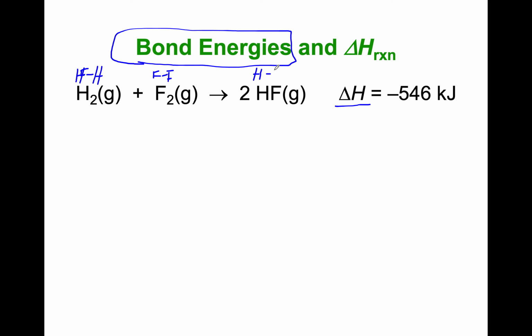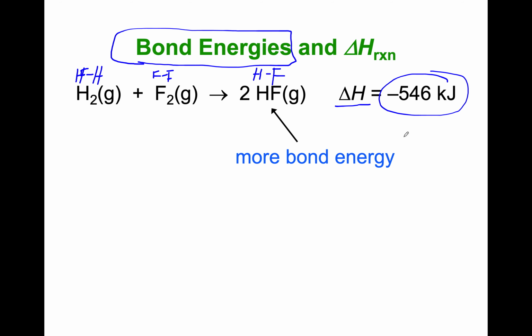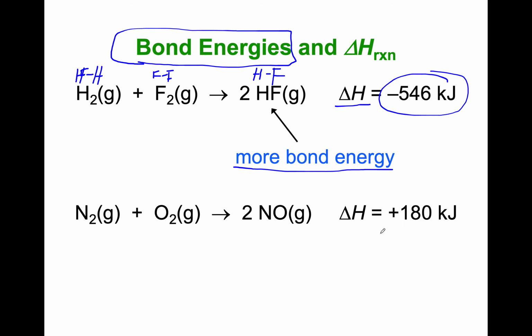So what we're seeing here is this is exothermic, negative 546, so we actually have a lot of bond energy here in the product. So that's what an exothermic tells us, more bond energy in the product, and endothermic, more bond energy in the reactant.